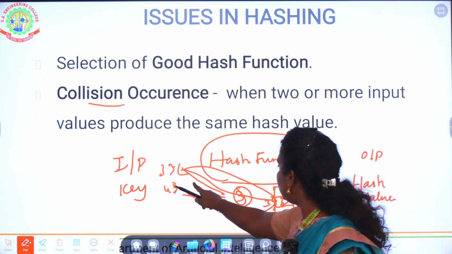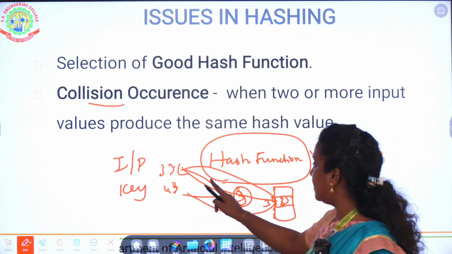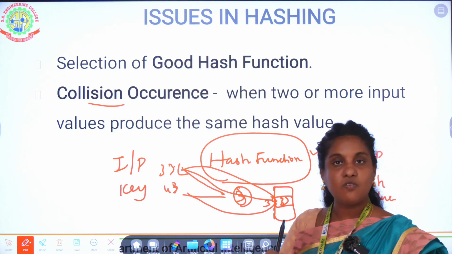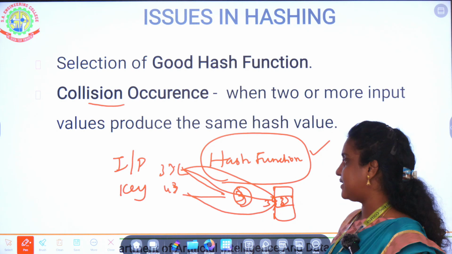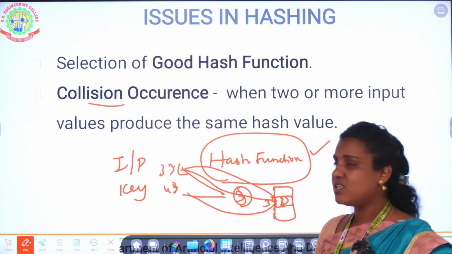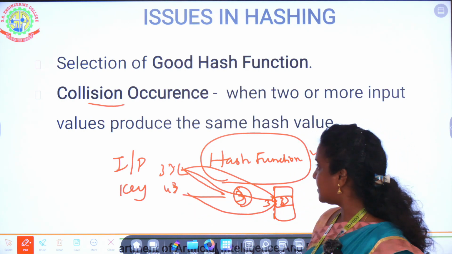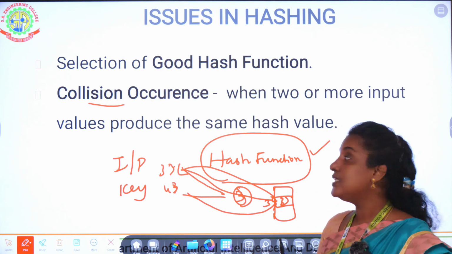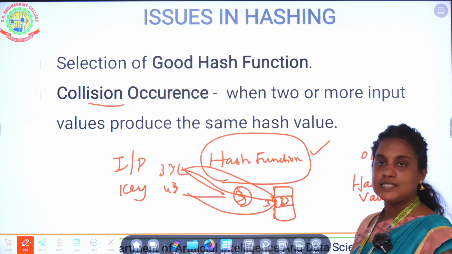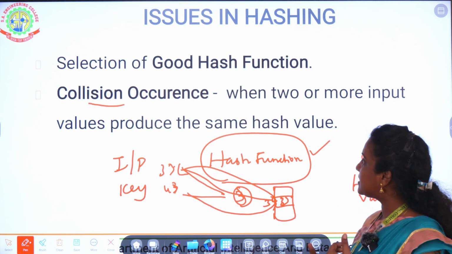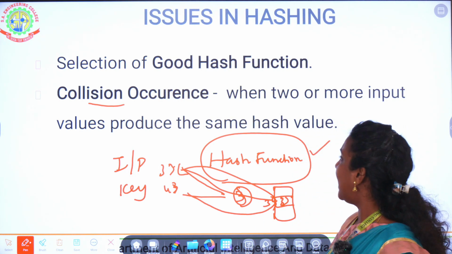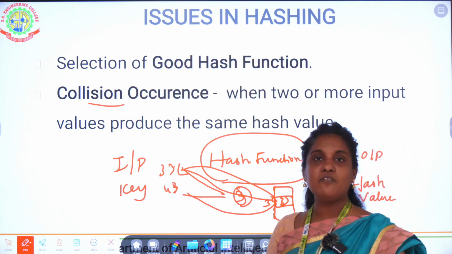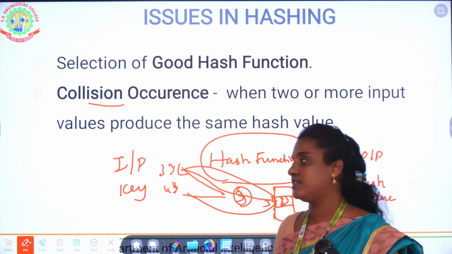So how do we overcome this collision in hashing? This is the major challenge in hashing technique. 2 or more input keys having the same hash value is nothing but collision. So the first one is how we choose a good hash function, and the second is how we overcome the collision.